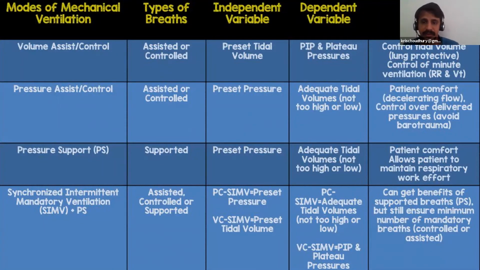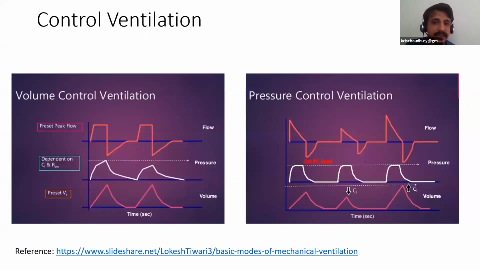Let's get into each of these ventilation modes in a little bit of detail in the next slides. The first mode is controlled ventilation, which can be both pressure control and volume control, like I said in the last slide. This is something you would see very commonly in an anesthesia ventilator as well.